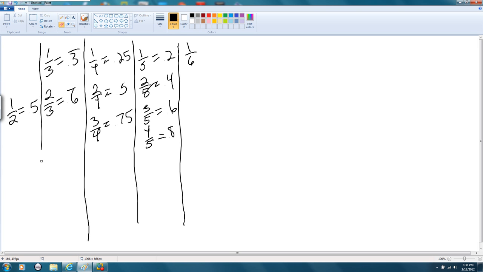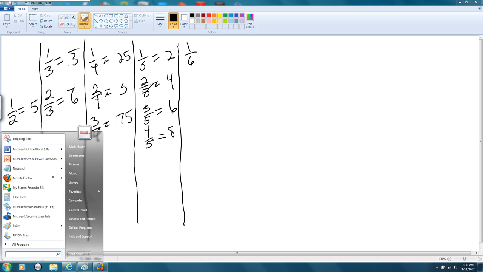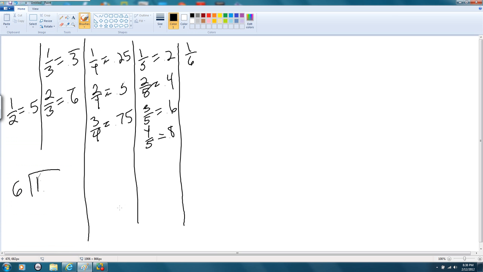So remember, one goes in the garage, 6 goes outside the garage. Put a decimal point, bring that right up here. We get to add a 0.